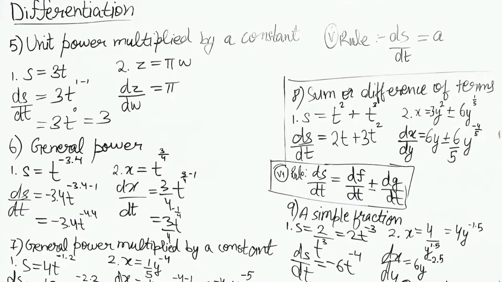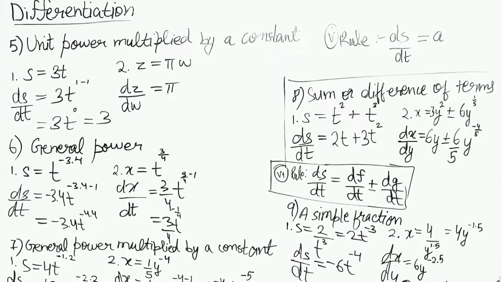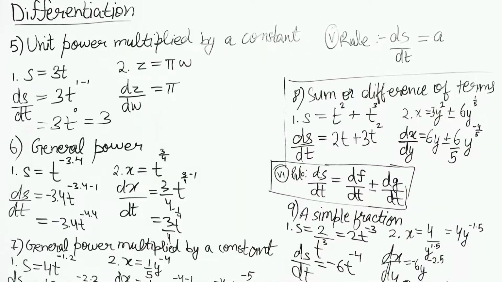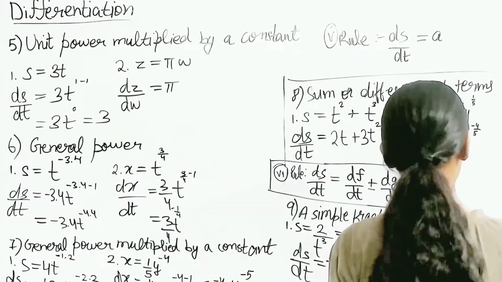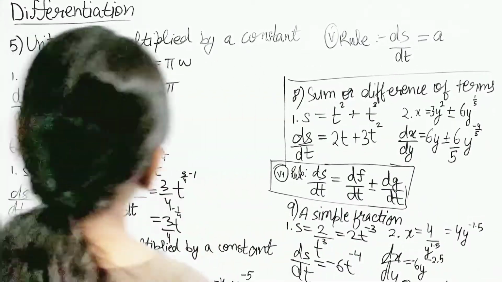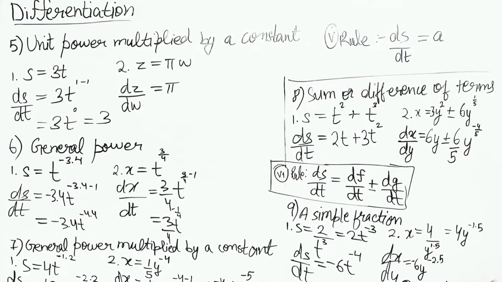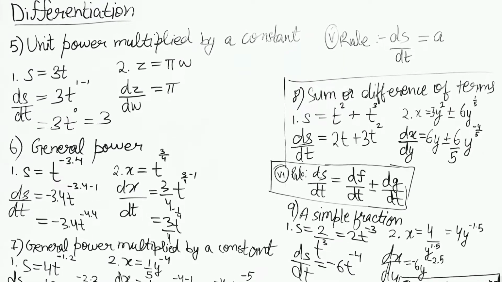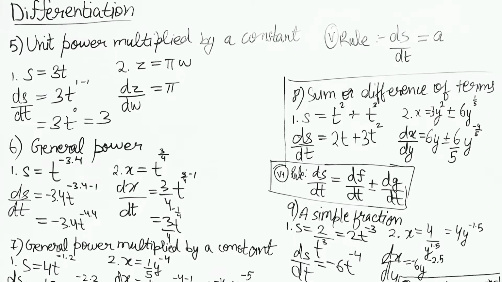Which will be ds by dt is equal to negative a into n into t to the power negative n minus 1.